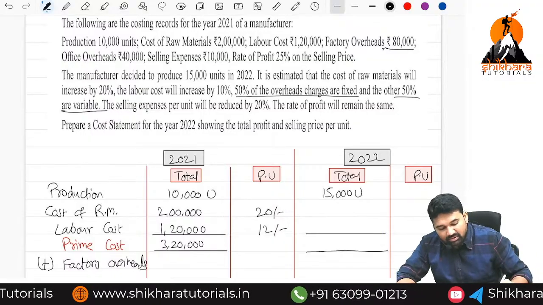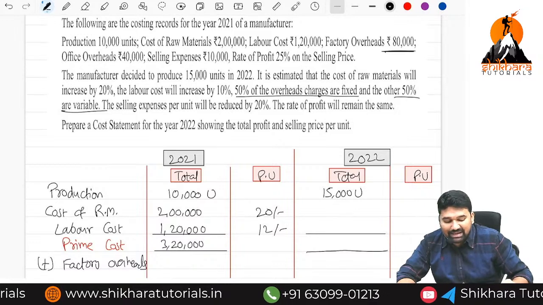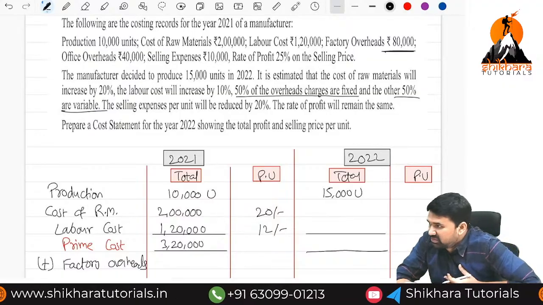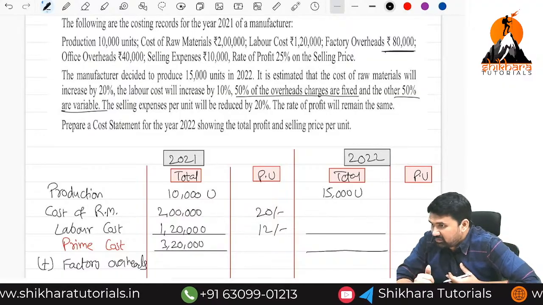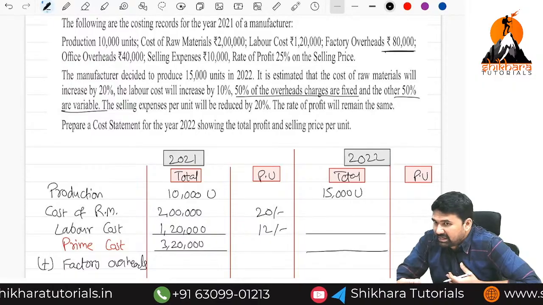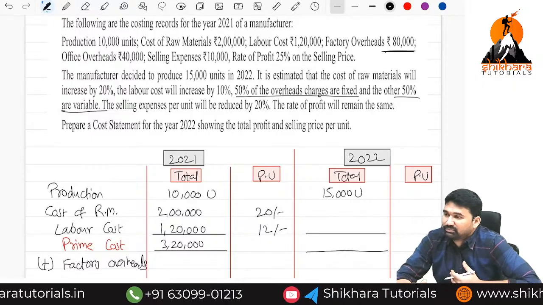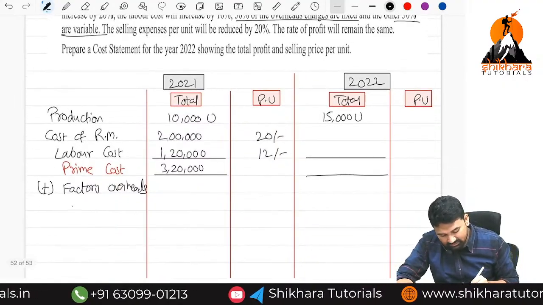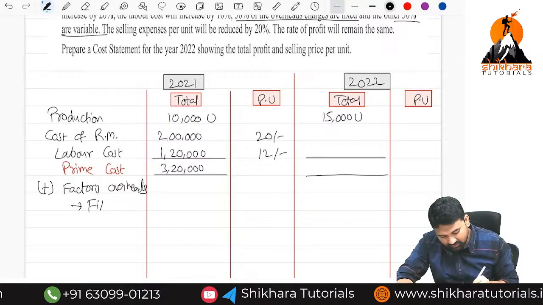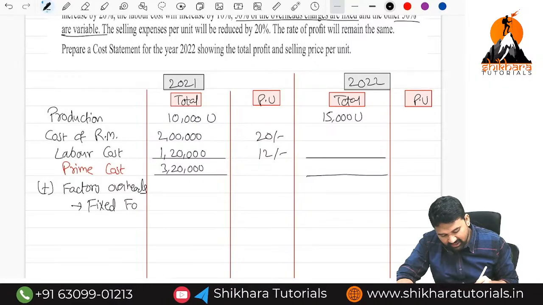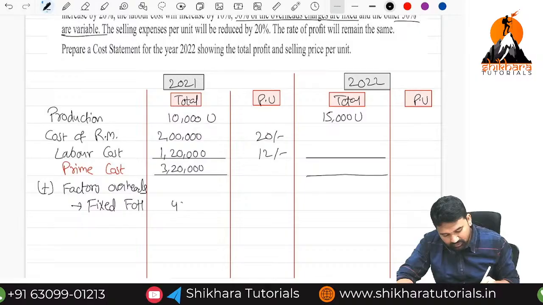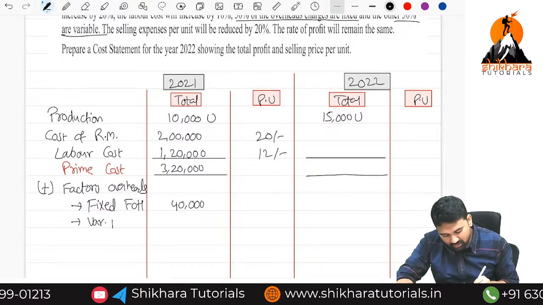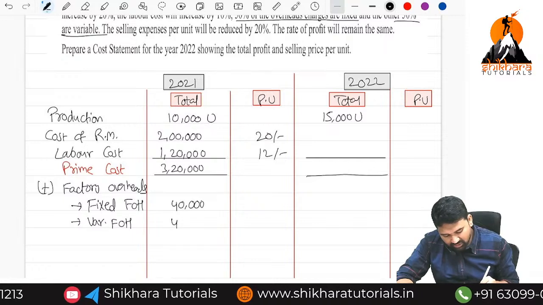In 80,000, 50% is 40,000. So we will write fixed factory overheads 40,000 and variable factory overheads 40,000.